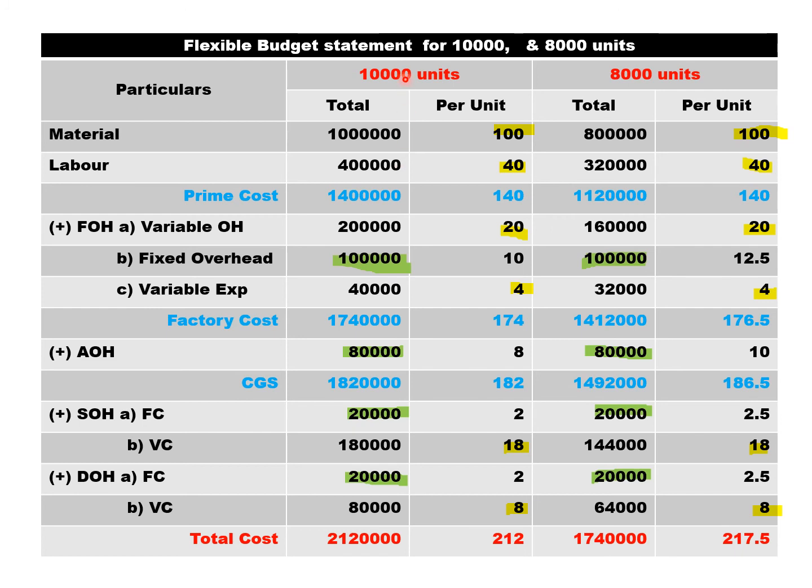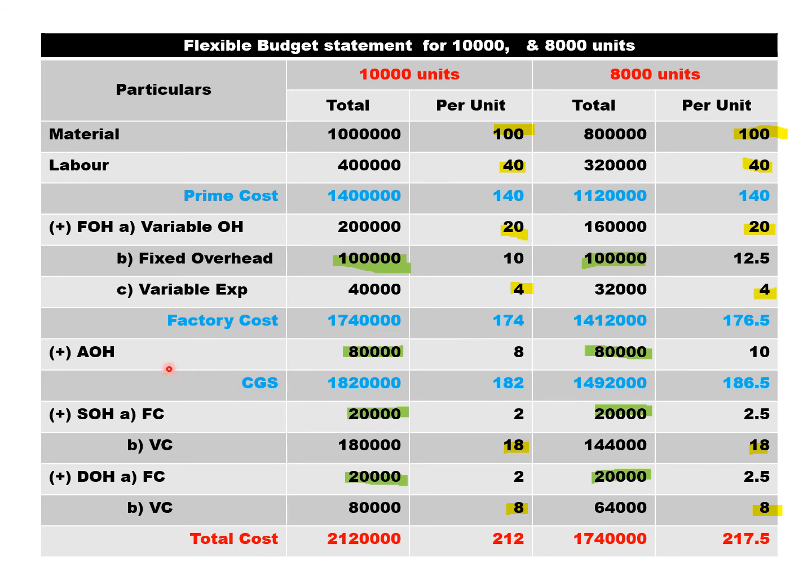Fixed overhead, as explained earlier, you should consider total. 1 lakh divided by 10,000, you get 10 rupee. 1 lakh divided by 8,000, you get 12.5. Variable expenses, 4 rupees into 10,000, you get 40,000. 4 rupee into 8,000, you get 32,000. So resulting answer is 17 lakh 40,000 and 14 lakh 12,000.